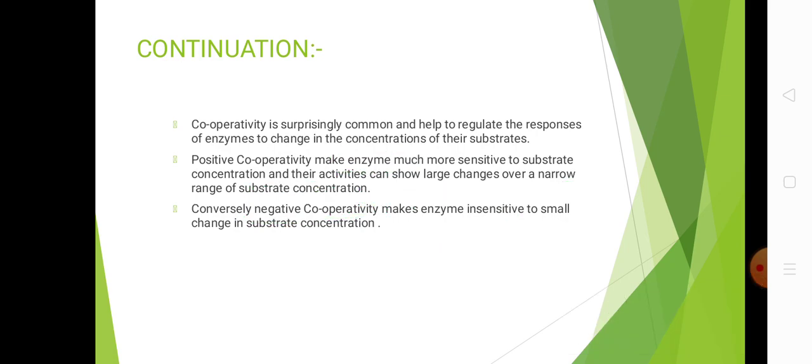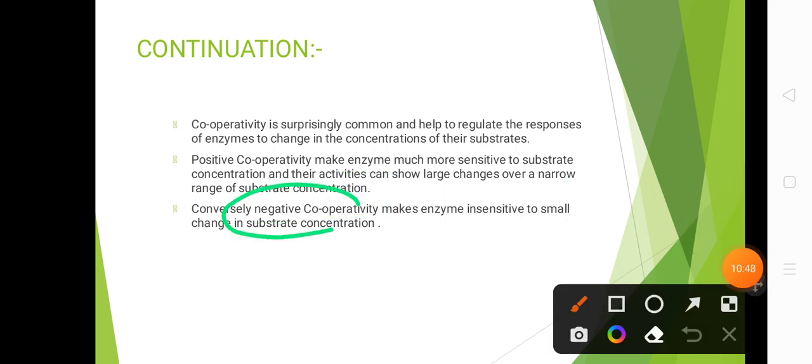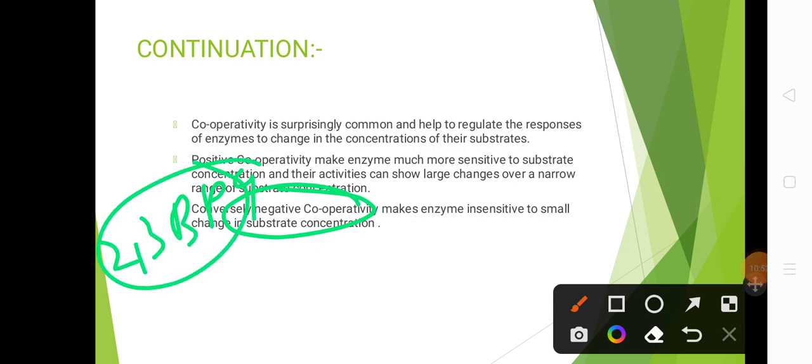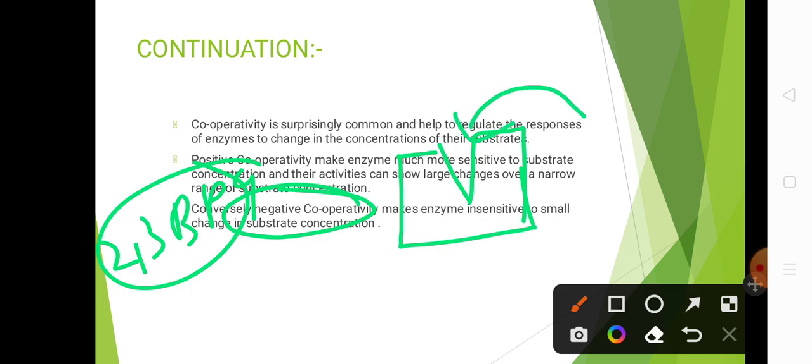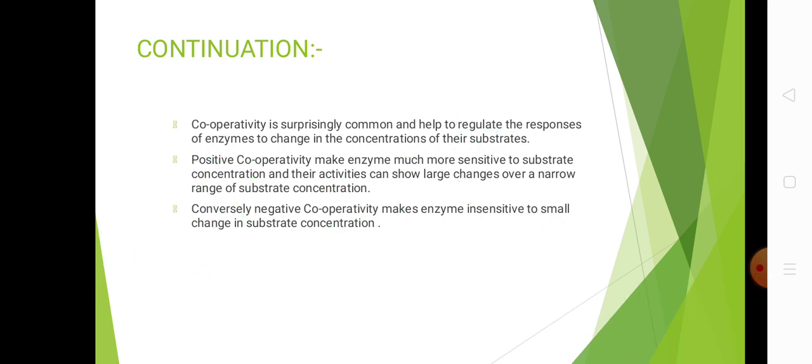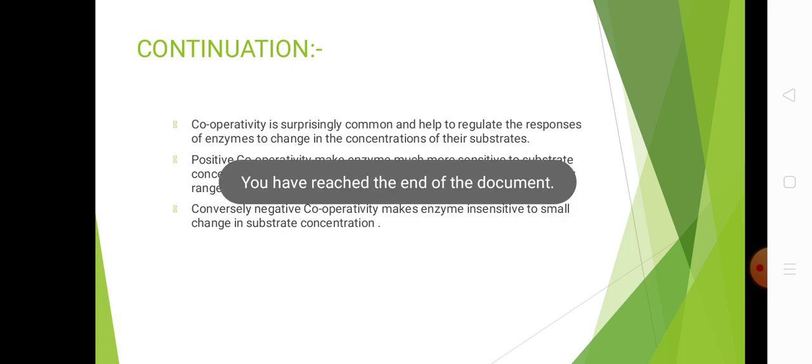That means in case of negative cooperativity, when let's say 2,3 BPG is present, a small change in the concentration of oxygen will not create any significant change in the affinity of the active site of the enzyme. So cooperativity also helps us regulate the response of an enzyme to changes in the concentration of the substrate.